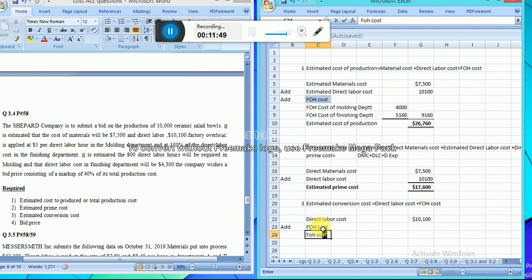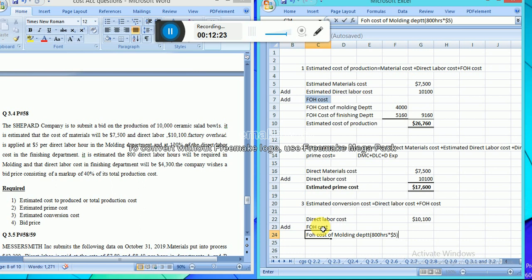The FOH cost of the molding department: in the molding department 800 hours of work are expected, and the per hour rate is $5.